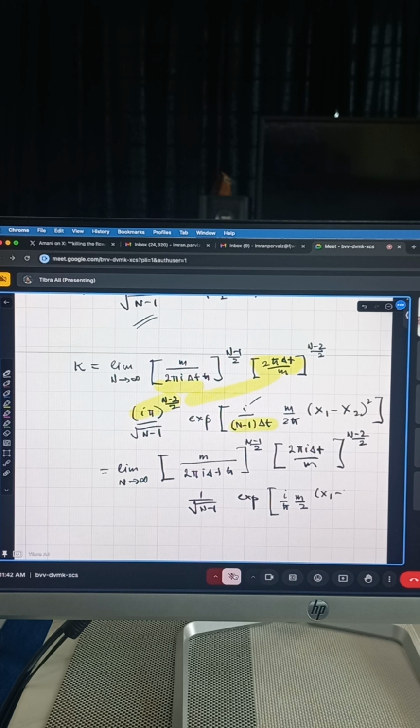So we see that the delta t dependence drops out in the exponential.